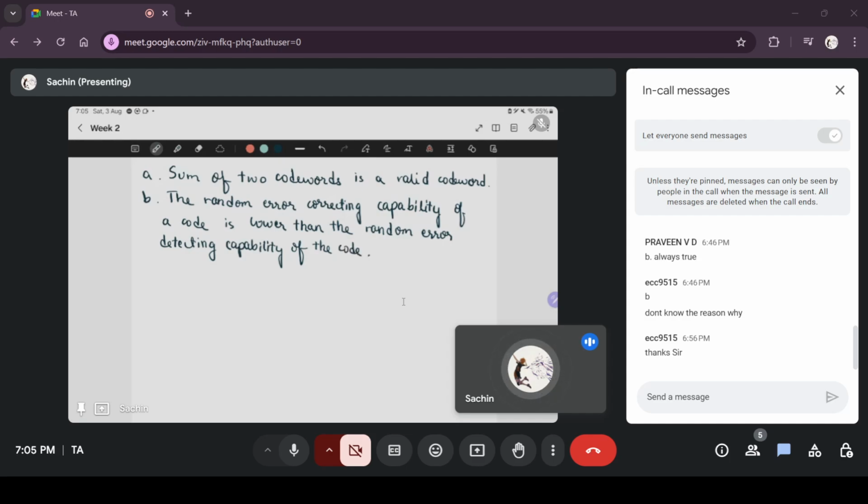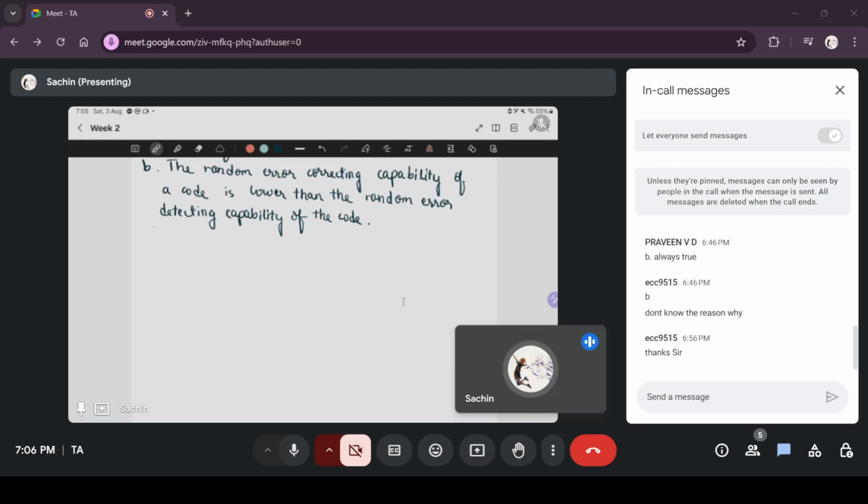That is also a true statement. The random error detecting capability is d minimum minus 1, and the random error correcting capability is floor function of d minimum minus 1 divided by 2. So d minimum minus 1 divided by 2 is smaller than d min minus 1. So the random error correcting capability is always smaller than the random error detecting capability of a linear code.